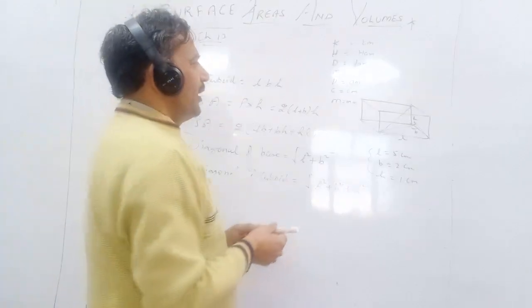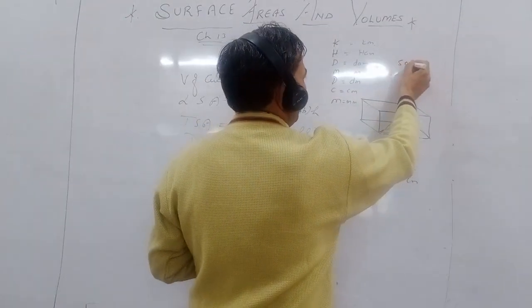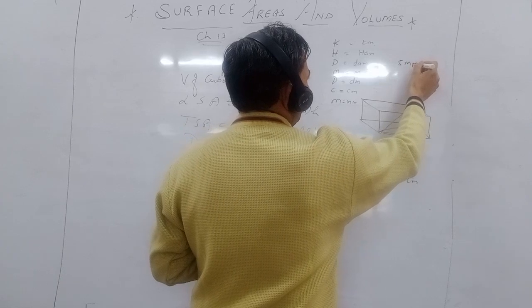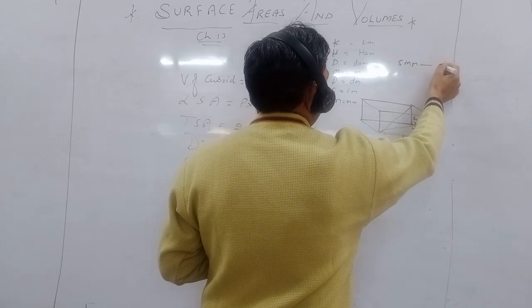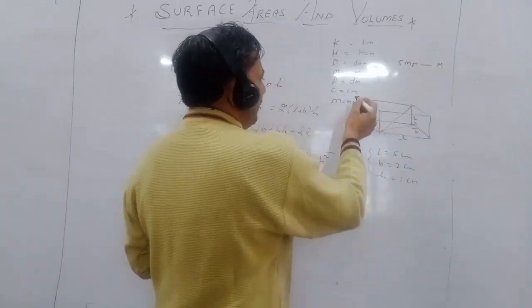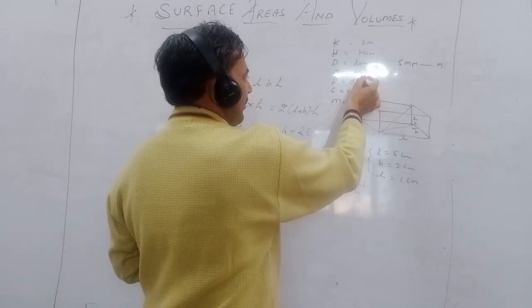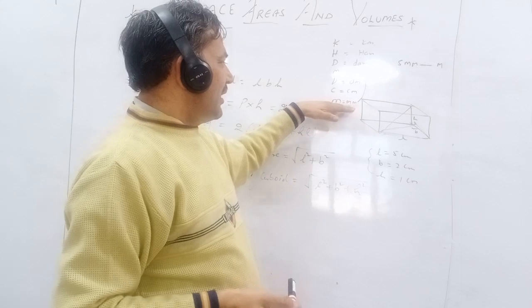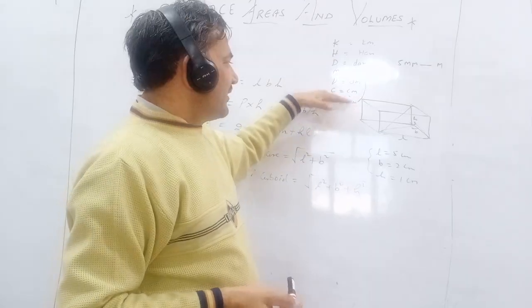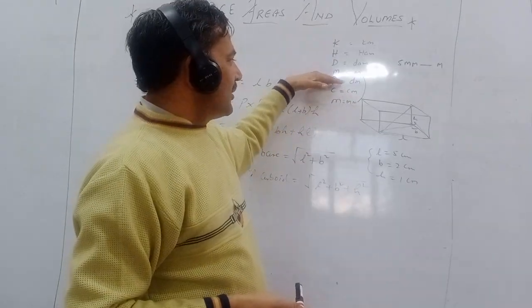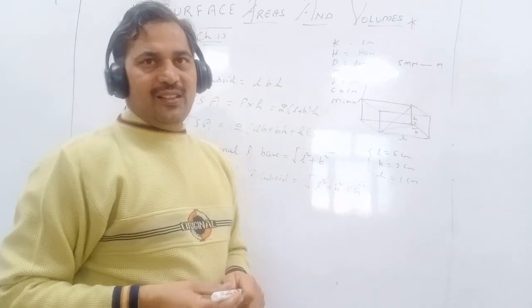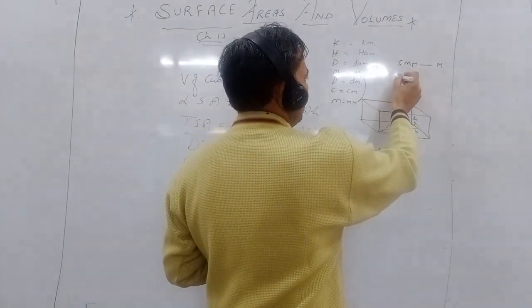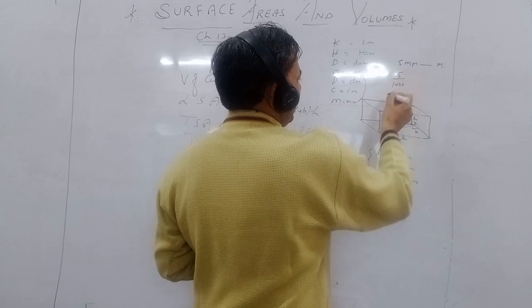So, if 5 millimeter is given, change it into meter. From here you have to reach here. Convert to this: how many steps? See here, millimeter, you are standing here. Centimeter 1 step, 2 step, 3 steps, so 10 three times means 1000.